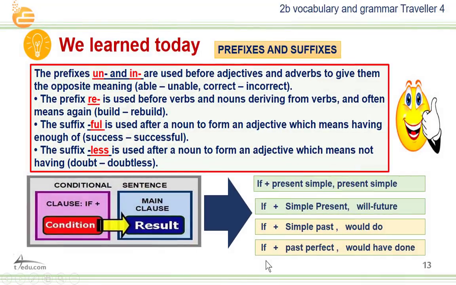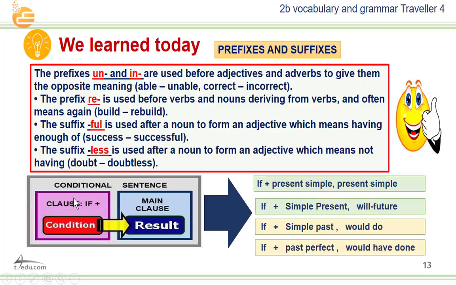This is the summary of today's lesson. Today we studied the prefixes un and in, re, and the suffixes full and less. And we said that each prefix and suffix is used with a part of speech and gives a special meaning.